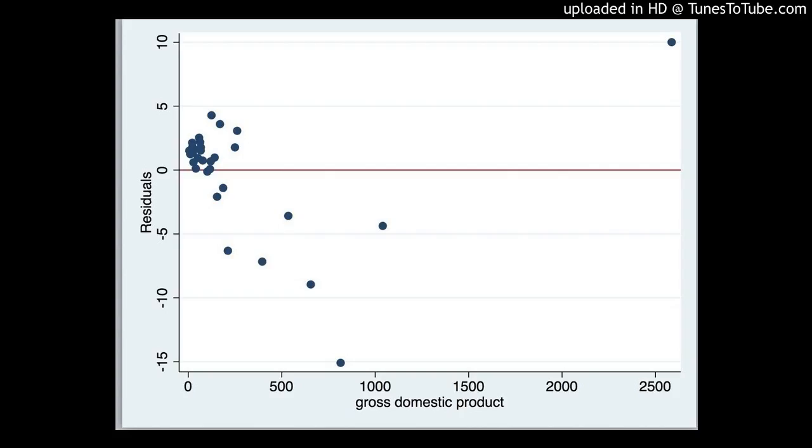And everyone agrees that the fundamental determinants are institutions, governments, government policies, because of the huge divergence between GDP per capita and growth rates that occur right at the border.